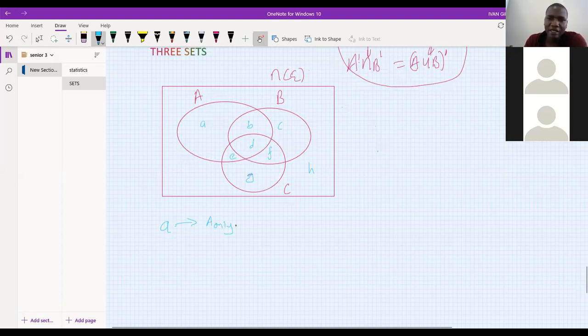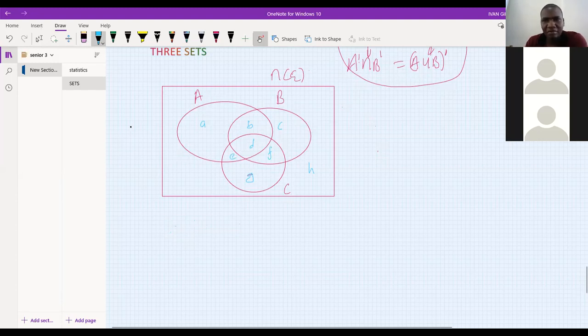Or we can write it in set notation. Let me first remove this. We start with what the question will give you. People say sets are a bit hard, but they just use logic.